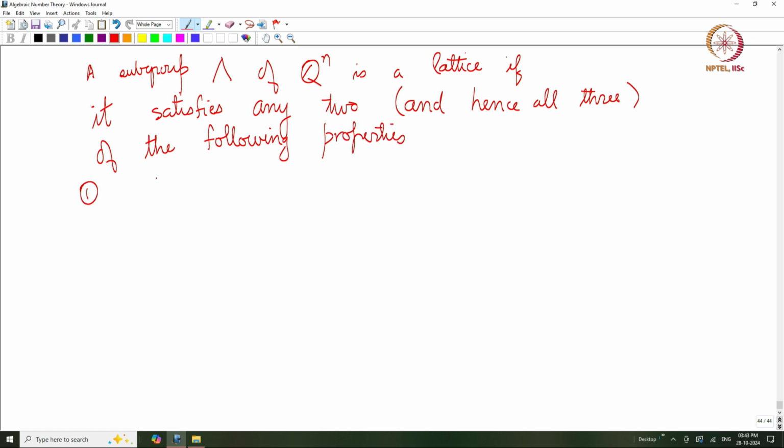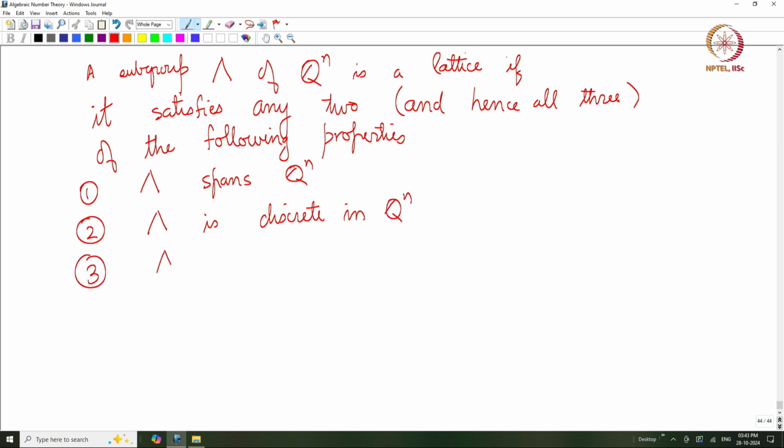So, what is the first property? Lambda spans Q^n. The second property is Lambda is discrete in Q^n with its natural topology, and the third is Lambda is a free Z-module of rank n.